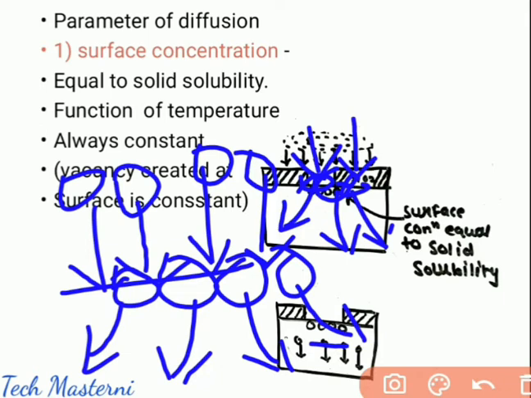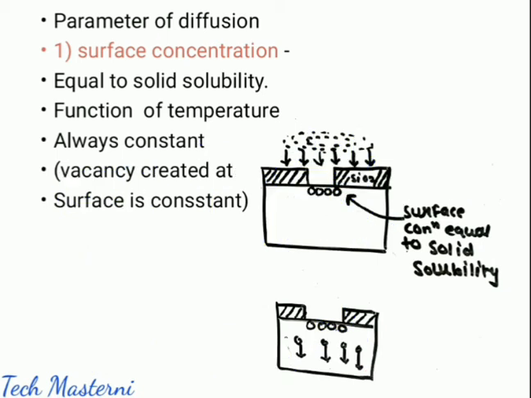In this way, the concentration at x equals 0 will always be constant. Hope you have understood this point. Vacancy created at the surface is constant. It means the amount of dopant will be constant in the substrate. So this is all about the surface concentration.